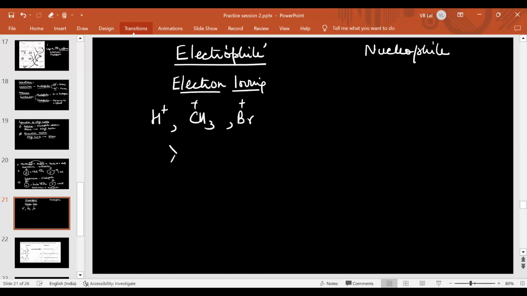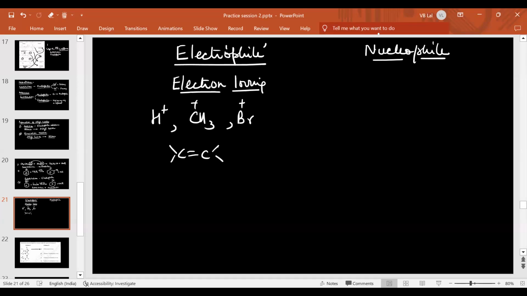Wherever there is a double bond, electrophiles are attracted because in a double bond there are electrons available freely. So that type of reaction where electrophile attacks is electrophilic.